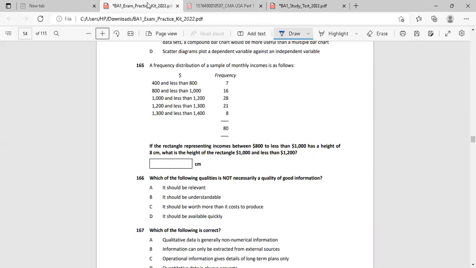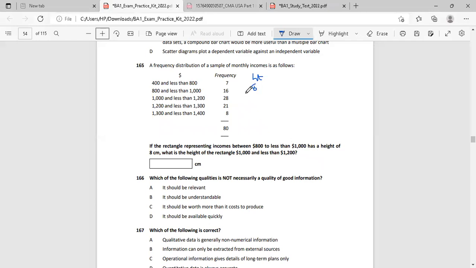Help me with the logic. So this is frequency, and we are given some details about height, isn't it? If the height between 800 to 1000 is 8 centimeters, what is the height between 1000 and 1200?